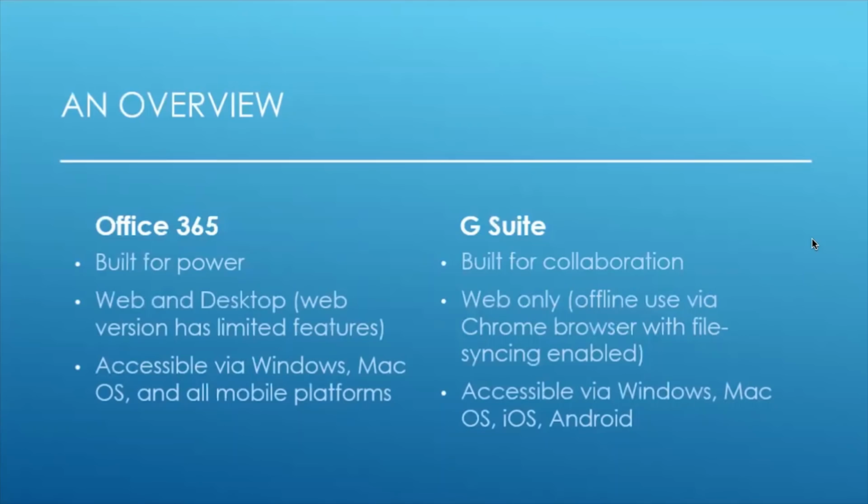Going into some more specifics, Office 365 and G Suite were originally created from completely different backgrounds. Office 365 has been around for a long time in various fashions. We are all very familiar with Microsoft Word, which has been around nearly since the beginning of personal computing. It has obviously grown from there into the other products that we are super familiar with, like PowerPoint, Excel, and the rest.